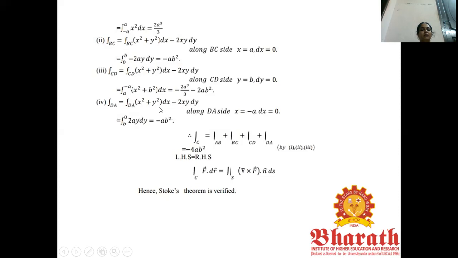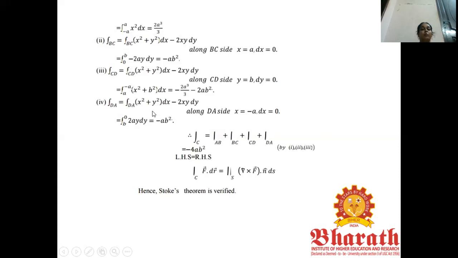After substituting, we got 2ay dy. Integrating with respect to y, that is 2a y square by 2, the 2 gets cancelled, so again a y square. We substitute the limits: upper limit 0 minus lower limit. After substituting that, we got minus ab square.